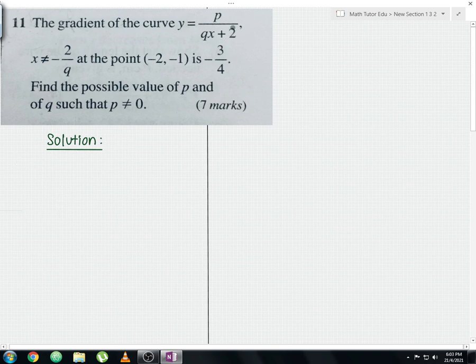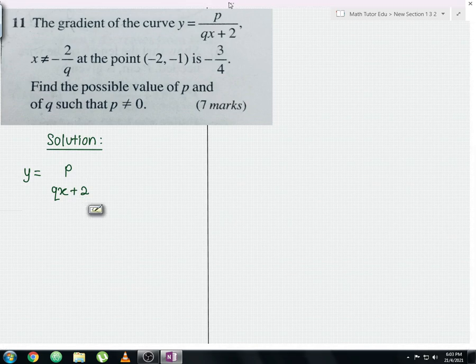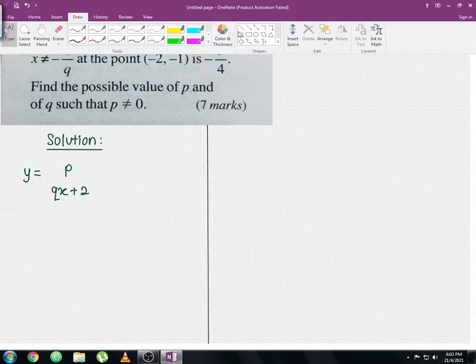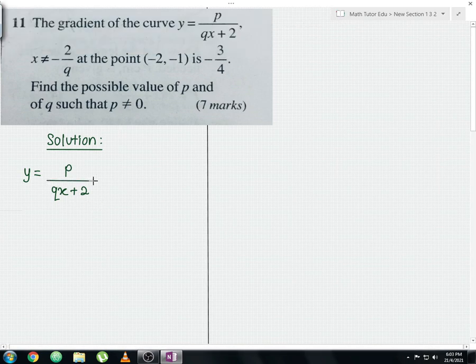So from here let us write down the equation in our working. Given that y equals p over qx plus 2, let me underline the fraction. Given the point negative 2, negative 1, what we're going to do is substitute this value into the equation over here.